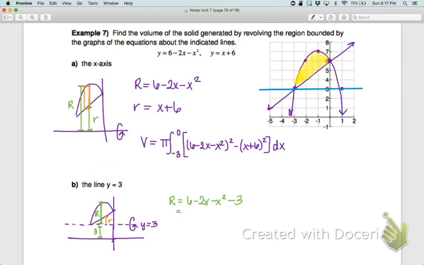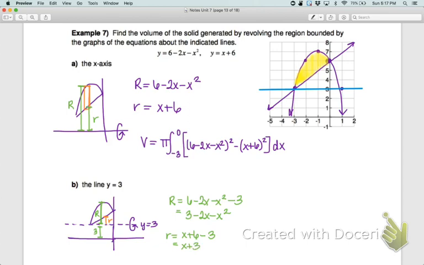So that makes our big radius 3 minus 2x minus x squared, if you want to simplify. And then little r, in a very similar fashion, is the line x plus 6, again minus the 3 for that horizontal line where we are stopping, okay? And so we get x plus 3.